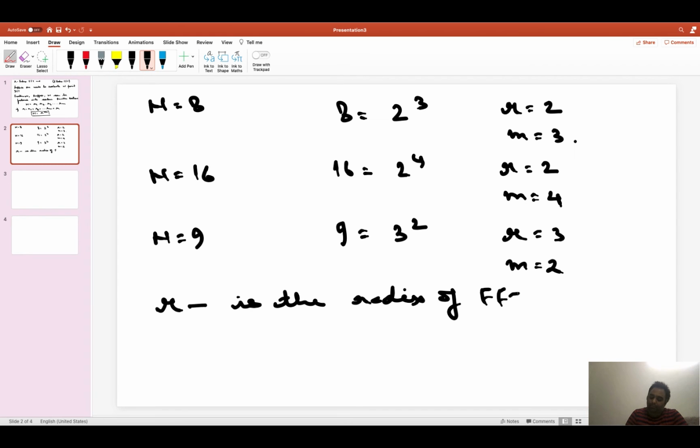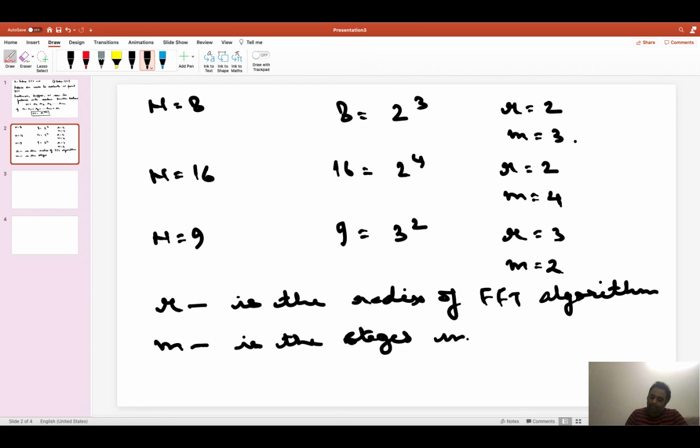And this quantity m is the number of stages in the FFT algorithm. Now the question arises, what do we mean by stages?